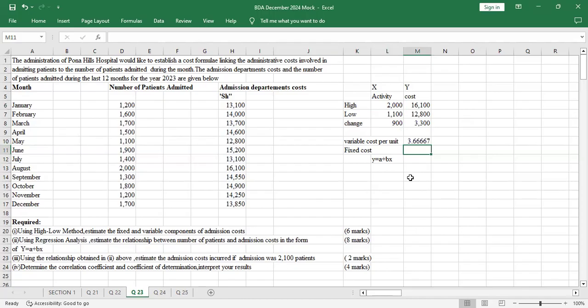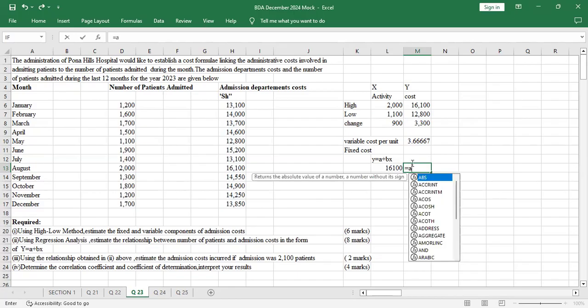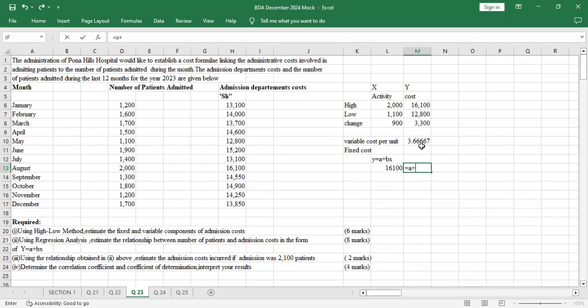So how are we going to do that? Y, which is 16,100, will be equal to A, which we don't know and is what we are looking for, plus BX.